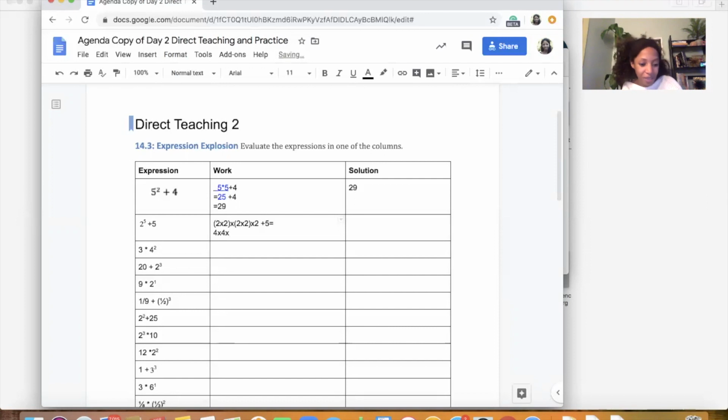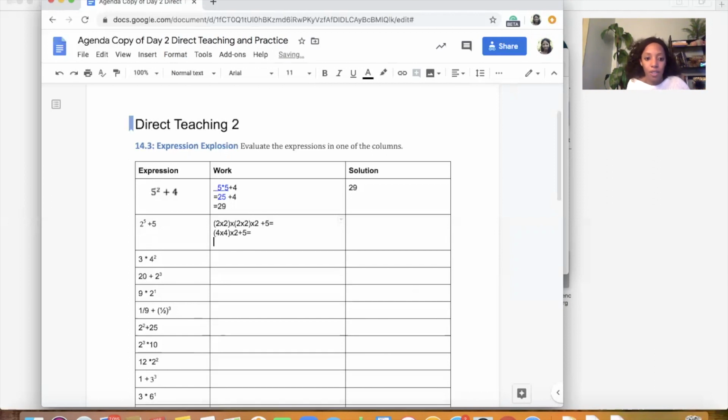That was one of my students who had to remind me of my mistake, which is awesome. So now I have 4 times 4 times 2 plus 5. What I'm going to do is separate each pair. A pair means 2 numbers that are exactly the same together. And then I'm going to multiply that out first.